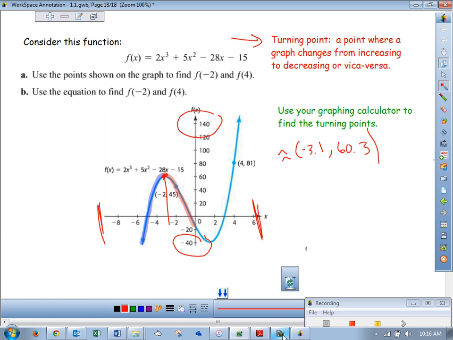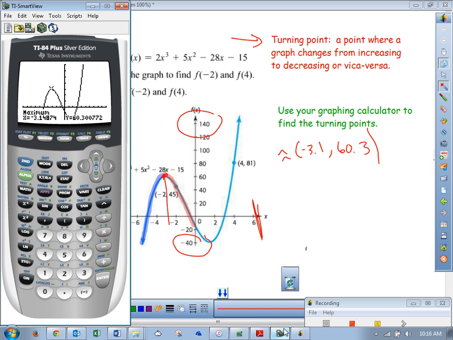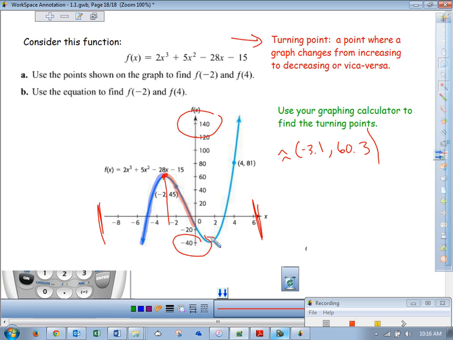So there was one of my turning points, where I went from increasing to decreasing. It also works the other way around, where it goes from decreasing to increasing. A turning point is where it goes from increasing to decreasing, or vice versa. Isn't this one right here another turning point? So you find it by second calculate, and you can get it.